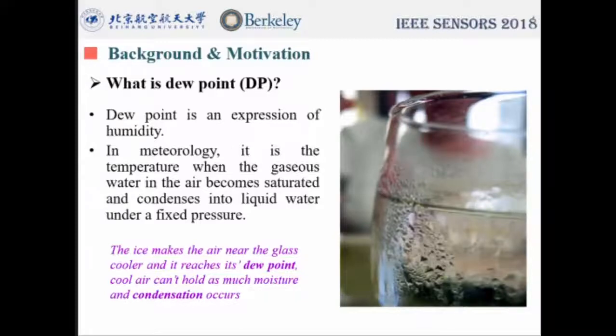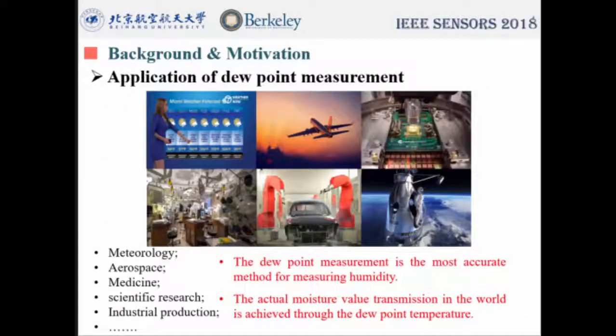The value of the dew-point temperature is independent of the ambient temperature. For this reason, dew-point temperature has been internationally recognized as the most accurate expression of humidity measurement, and the actual moisture value transmission in the world is achieved through the dew-point temperature.